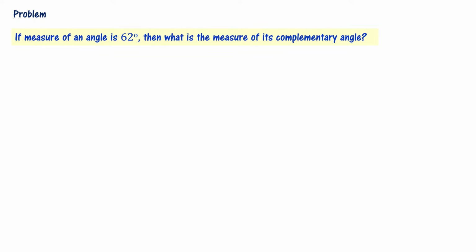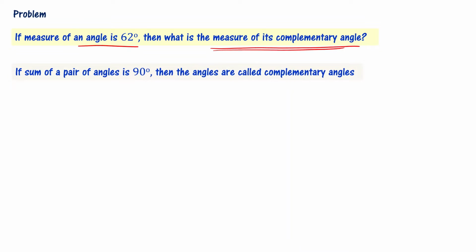Let us solve a problem now. If measure of an angle is 62 degrees, then what is the measure of its complementary angle? మనకి complementary angles definition తెలుసు ఏమని? If sum of a pair of angles is 90 degrees, then the angles are called complementary angles.